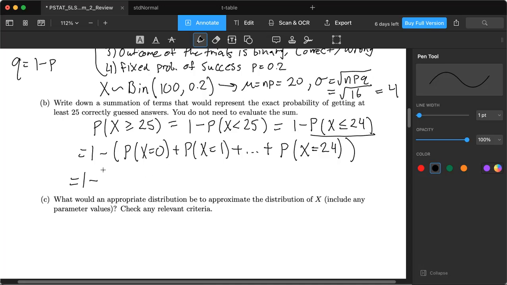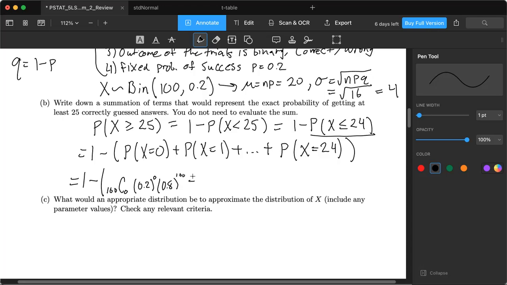Not entirely, but this would be a formula for each of these, where we have that it's 100 choose 0 for this first one, times the probability of success, p, 0.2 to the 0, because we have 0 here, times the probability of failure, so 0.8 to the 100.